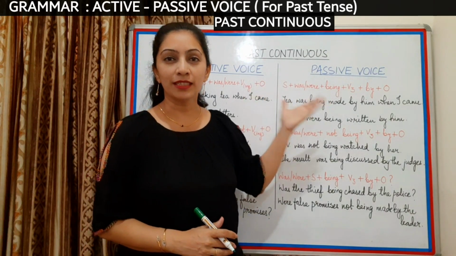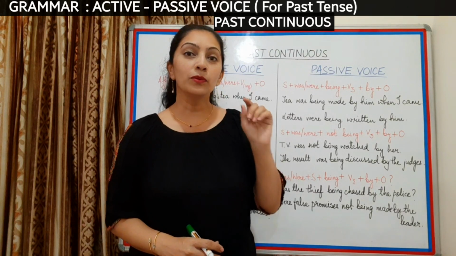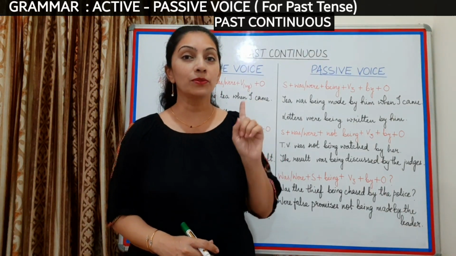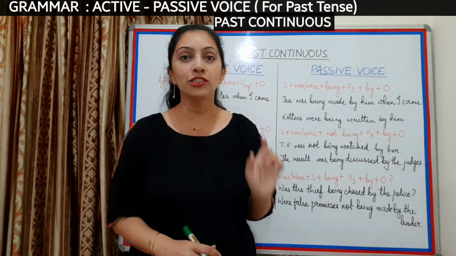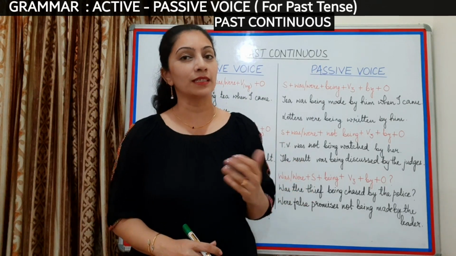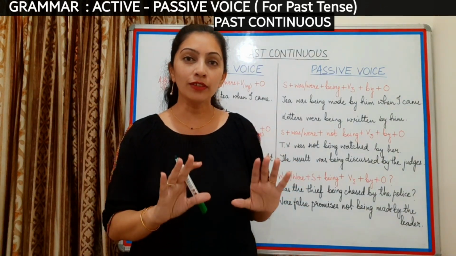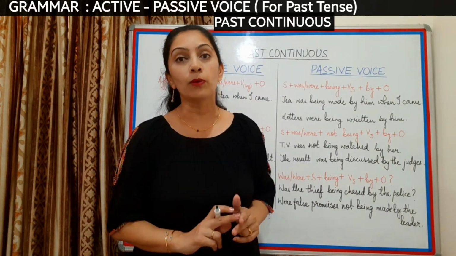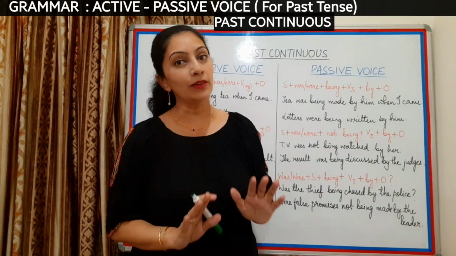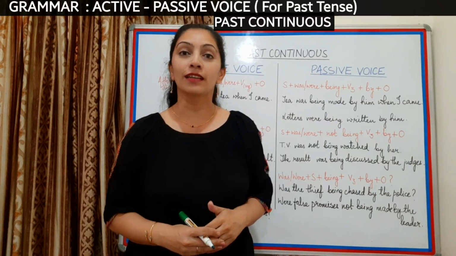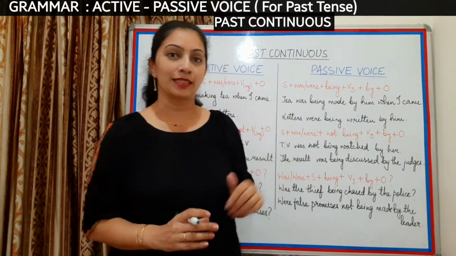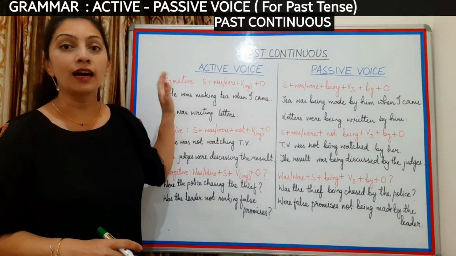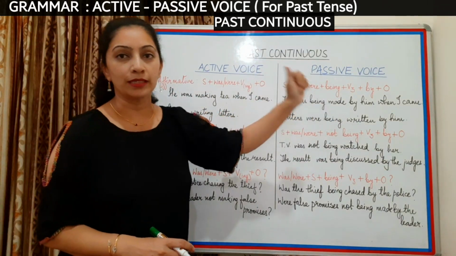Let's look at past continuous tense now. The word continuous reminds us that the verb will be in ing form, that is, present participle form. And whenever we use a verb with ing, we use helping verbs like was or were, which we have already seen in continuous tenses of past tense. Now let's see how to change active into passive.